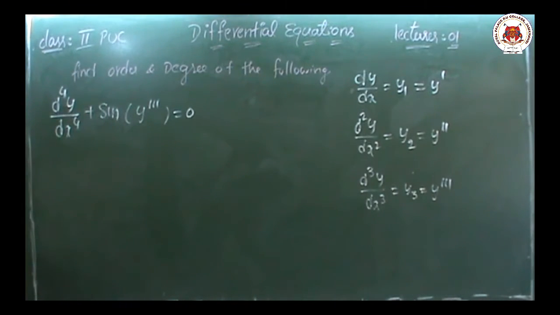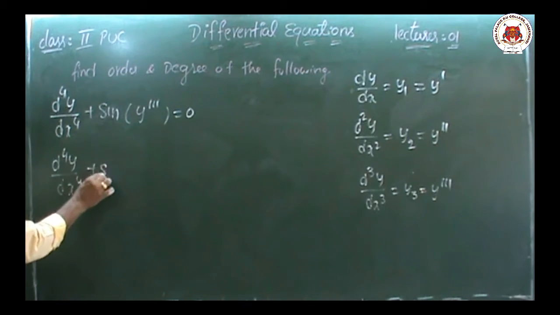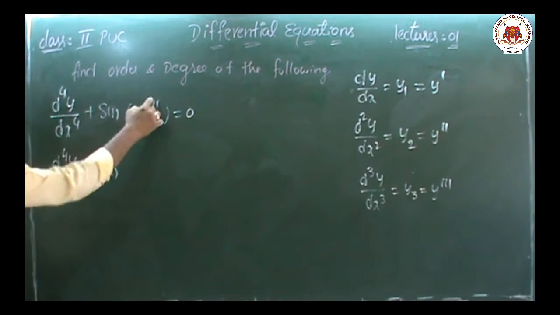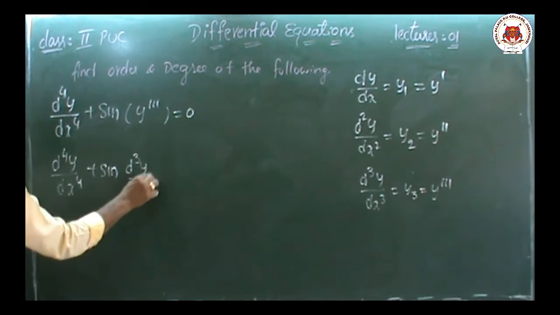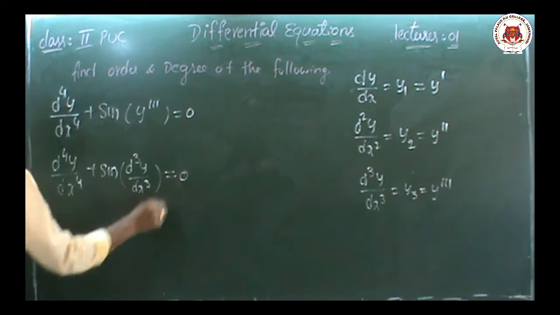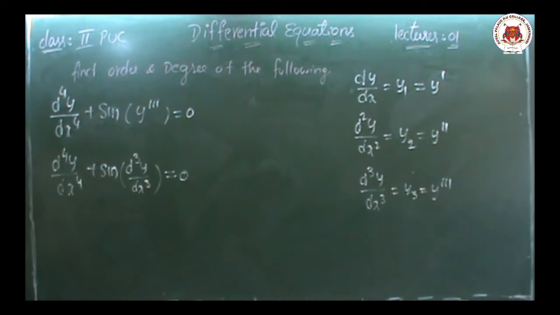He has given it like this. Now we can write d power 4 y by dx power 4 plus the sine of y triple dash, which is nothing but d cube y by dx cube, is equal to 0. Now, what is the order? Order means the highest number of times differentiation is there.